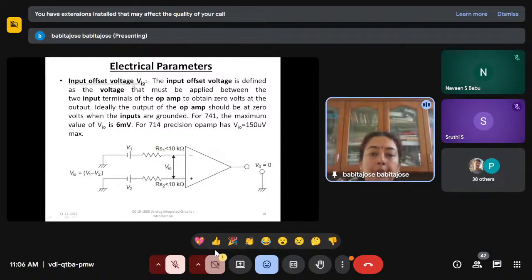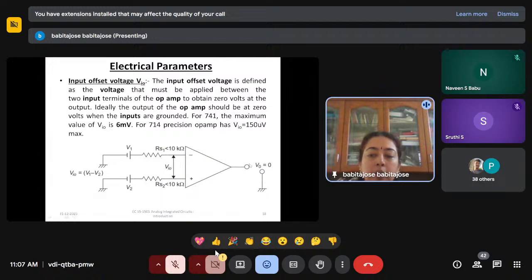So the input offset voltage VIO is defined as the voltage that must be applied between the 2 input terminals of the op-amp. You can see here we are applying 2 voltages, V1 and V2. Input offset voltage VIO is the voltage applied between the 2 input terminals of the op-amp to obtain 0 output voltage.